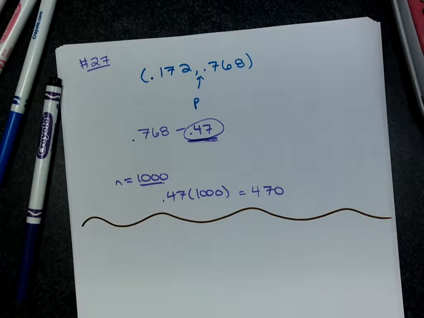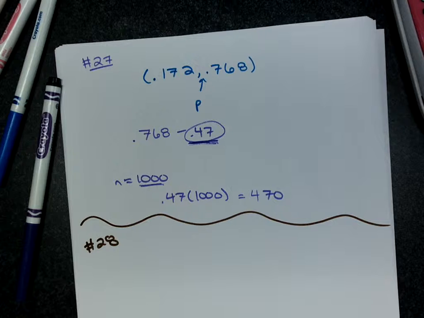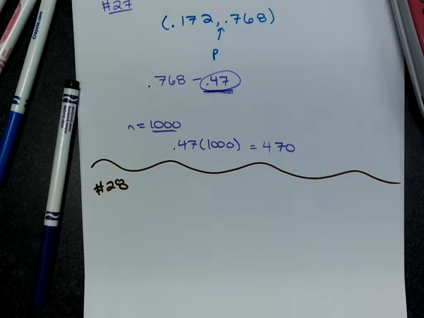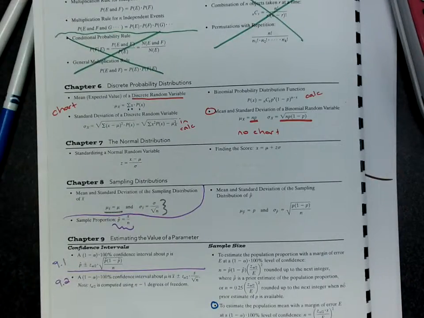All right, let's see. Next question. Also from chapter 9, question number 28. Okay, this one's a little trickier. This is finding sample size, and you can find these formulas in your formula booklets.